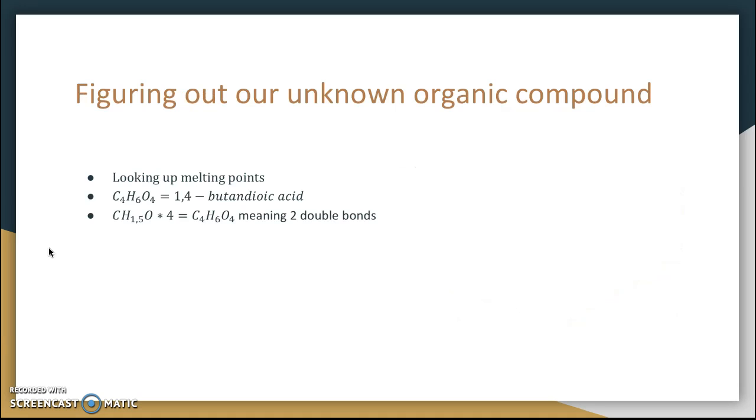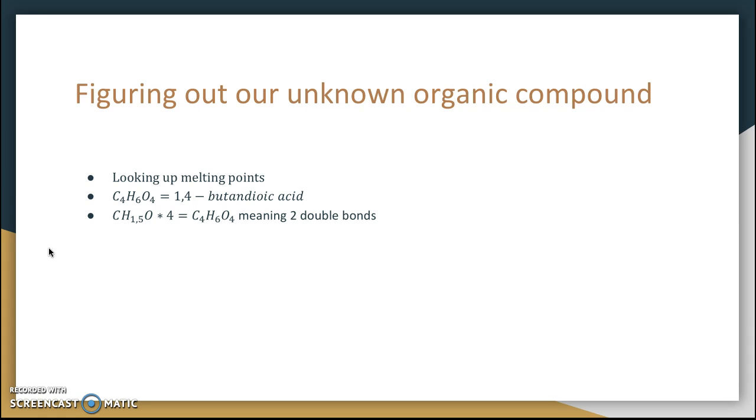Okay, so now for figuring out what our unknown organic compound is, we had to use the melting point that we just got, and we had to use the elemental analysis to figure out our compound.